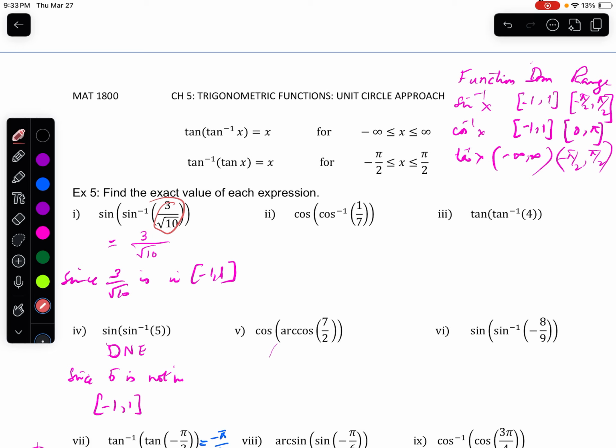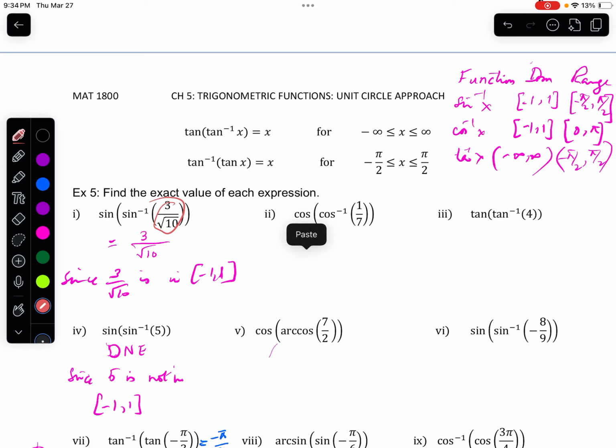Remember that 3 over square root of 10 is a number which is less than 1, and so it is a number between 0 and 1, which means it belongs to the interval negative 1 to 1. So by the inverse function property, our answer will be just 3 over square root of 10. Okay, so you guys can try the next two.